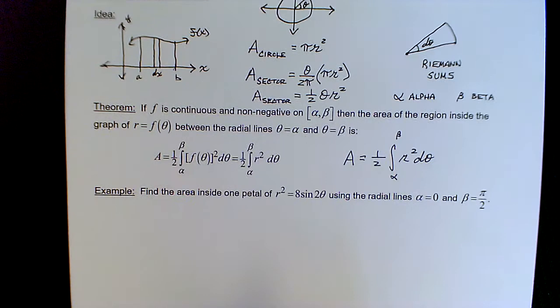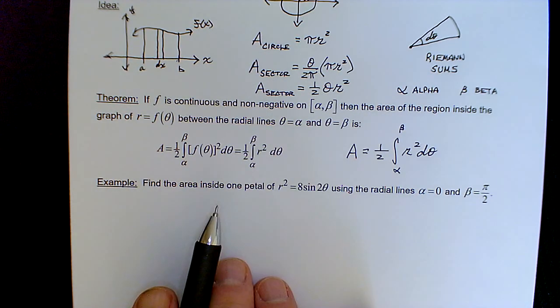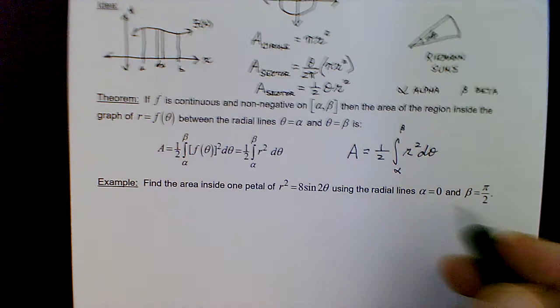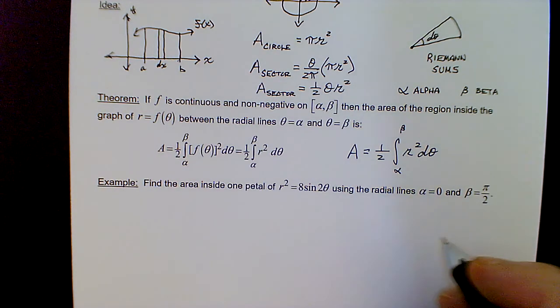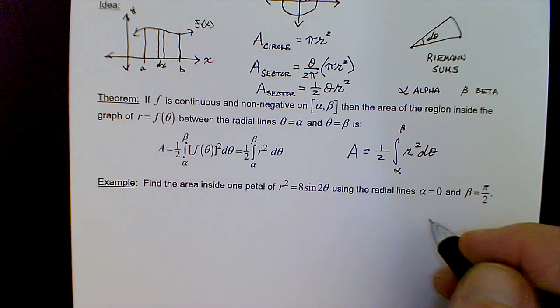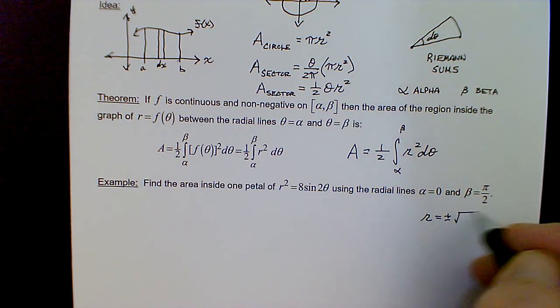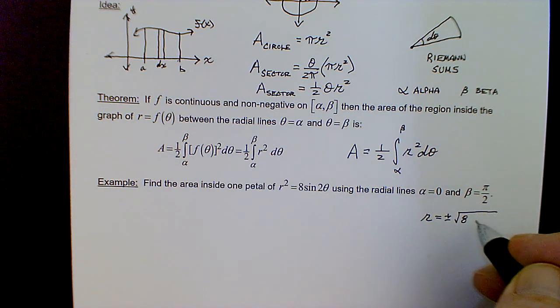Okay, so a couple examples. Find the area inside. Now, I'm giving you the radial lines, and these are basically the poles. If you were to take this equation, solve it for r, you'd come up with plus or minus the square root of 8 sine of 2 theta.